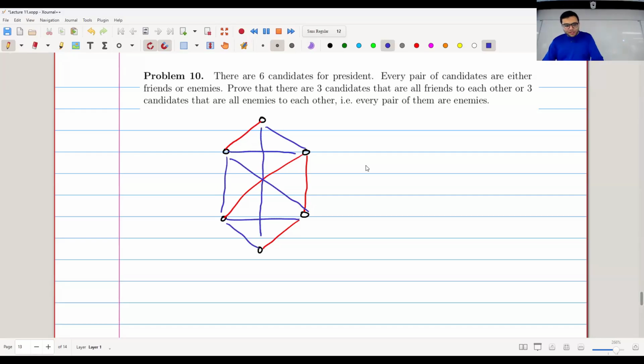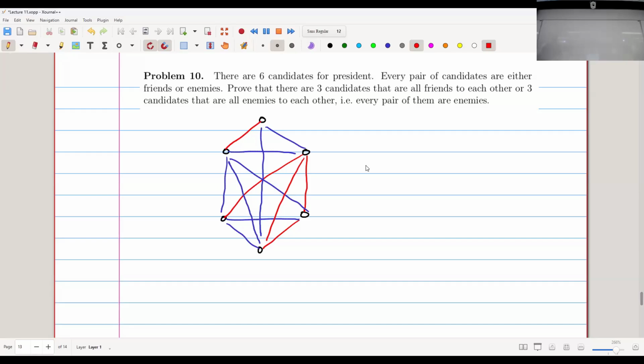I'm missing some of the lines here. And between every pair, I either have a red segment or a blue segment.